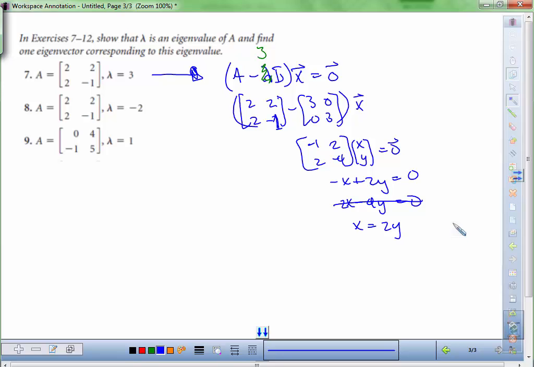So if we want to find a solution for this, we'll let y equal a free variable t, so x is equal to 2t, and then (x, y) is equal to t times (2, 1).